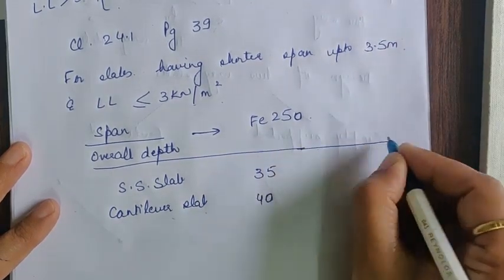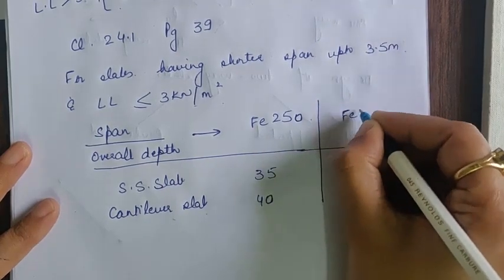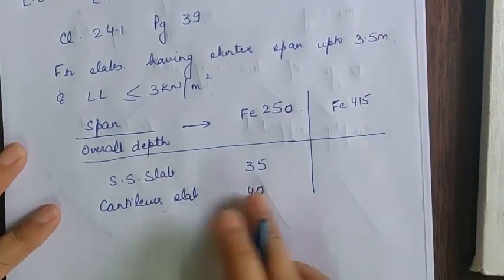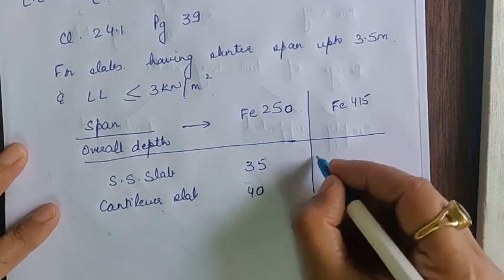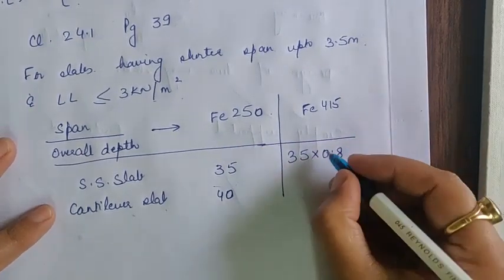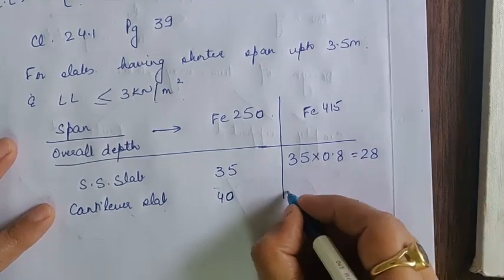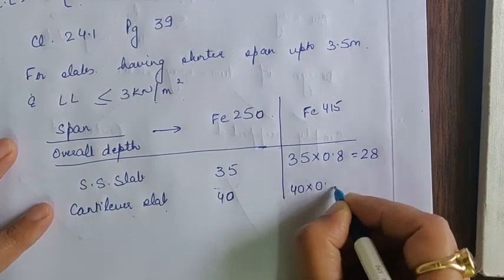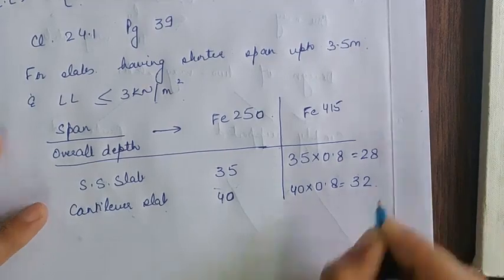Whereas the code further says if we are having Fe415, then this value is multiplied by 0.8. So the net value becomes 28 here. This value when multiplied by 0.8 becomes 32.